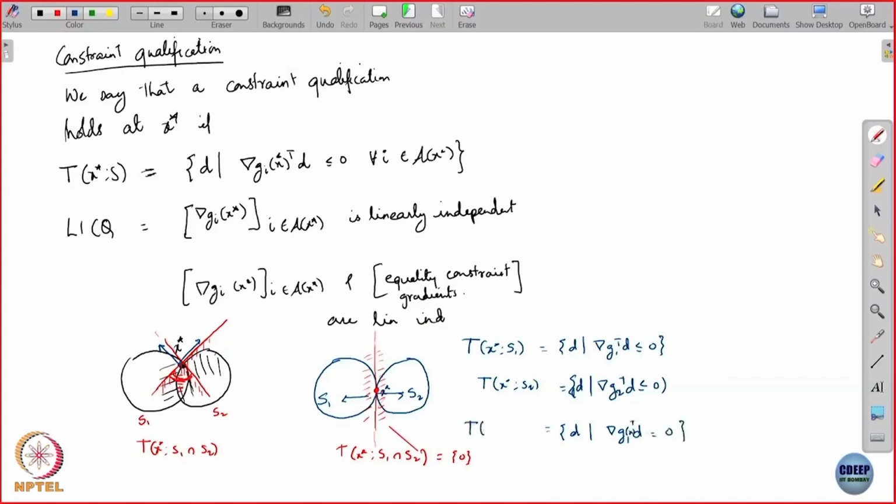That would be the intersection of the two tangent cones. So the intersection of the two tangent cones would turn out to be this line, this half hyperplane, but the true tangent cone is actually just 0.